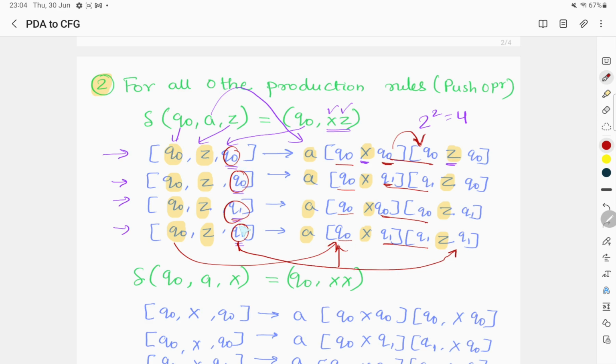That is Q0, Q0, Q1, Q1. Is that clear now? So this is how I have written all the 4 production rules. Here in this case, for one transition function, I am writing 4 production rules because any of them is possible. That is only because this is a push type of operation.